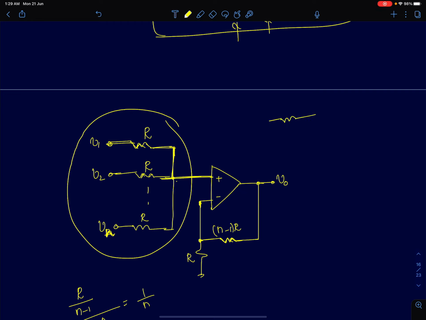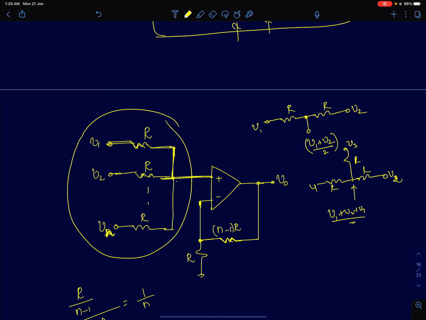If I take two resistors R and apply voltages V1 and V2 here, the voltage at the center is going to be (V1 plus V2) by 2. That can be very easily proven using superposition. If you connect three resistors at the node and apply voltages V1, V2 and V3, the voltage at this node will be the average of the three voltages, (V1 plus V2 plus V3) by 3.